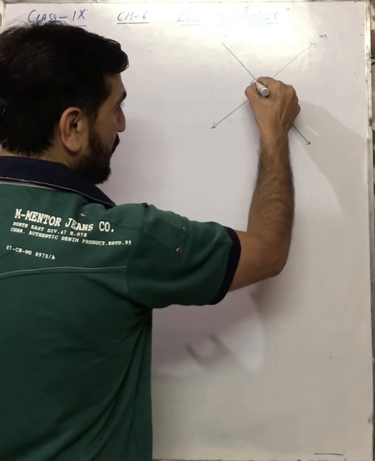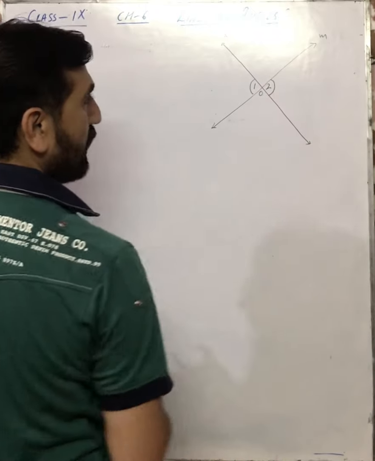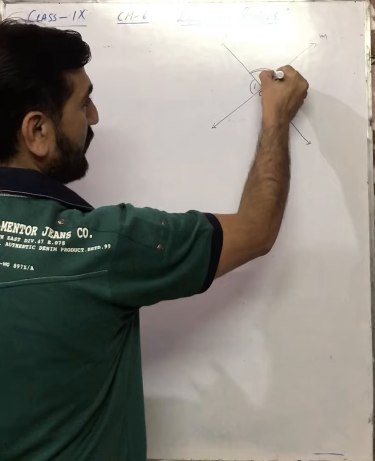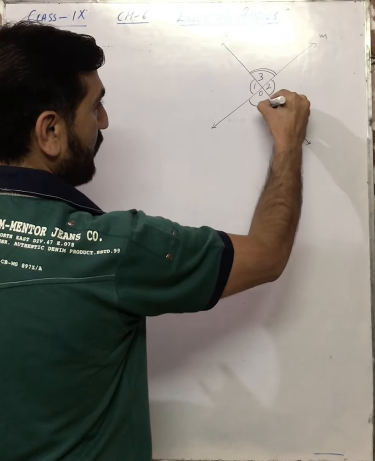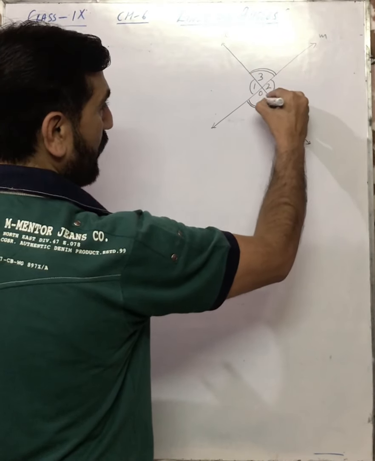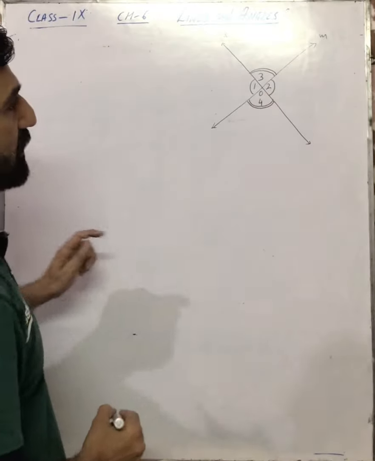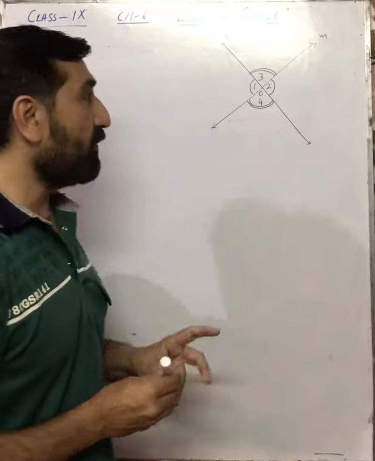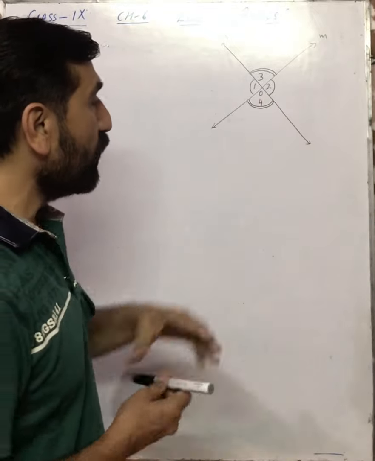That means, let me take this as angle 1 and 2. These are vertically opposite angles. The other pair, angle 3 and angle 4, are also vertically opposite angles. And these two angles are always equal in measurement. 1 will be equal to 2, 3 will be equal to 4.